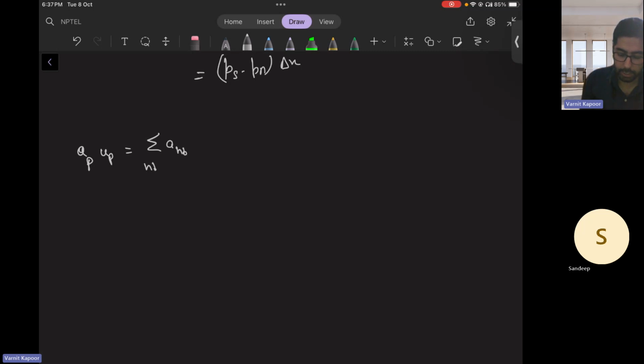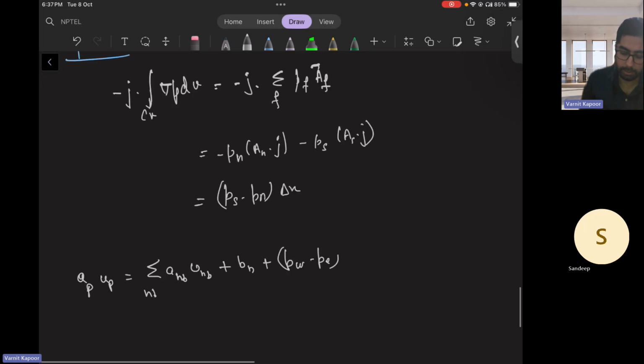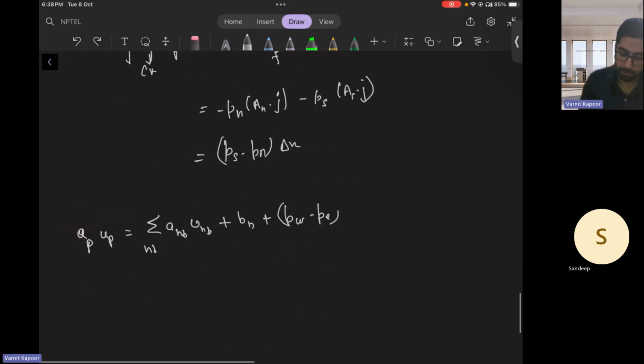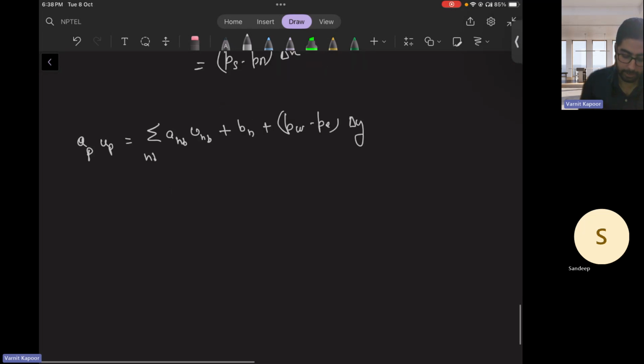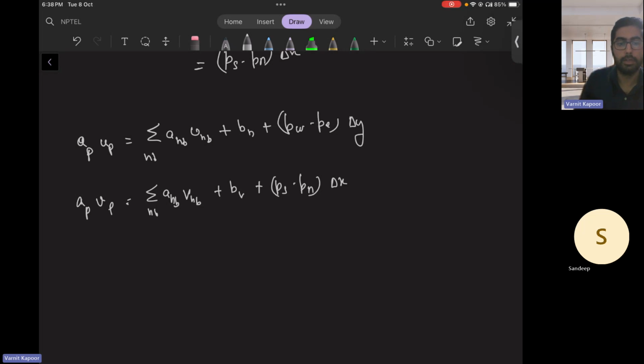Here the neighboring nodes ANB UNB plus BU plus the first term PW minus PE into delta Y from X momentum, and from Y momentum it will be ANB VNB plus BV plus PS minus PN into del X.